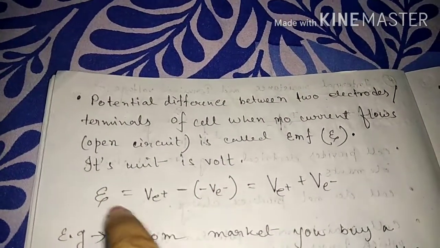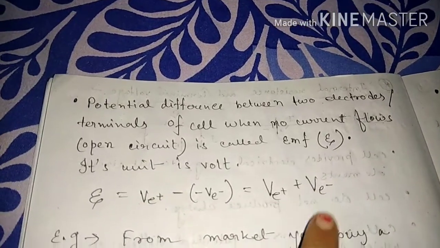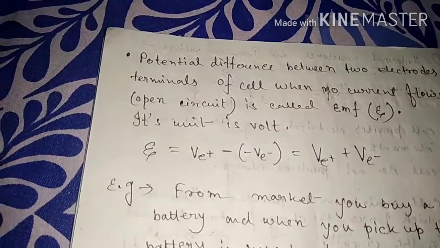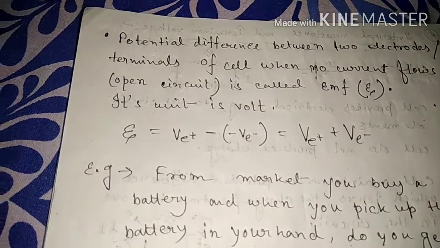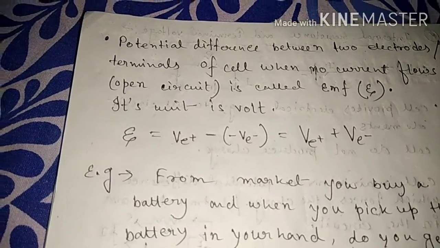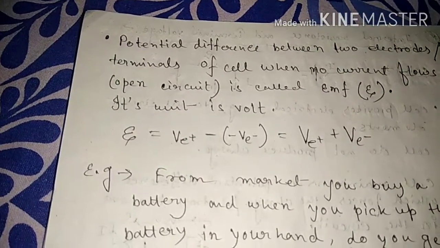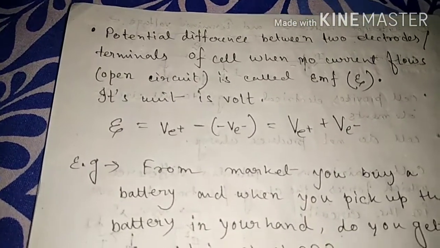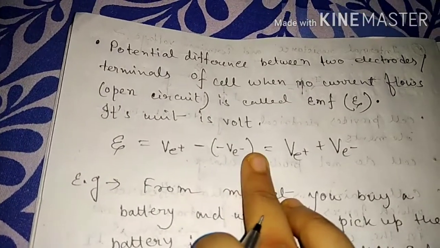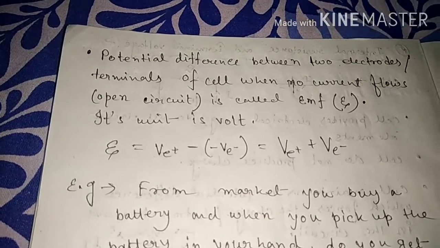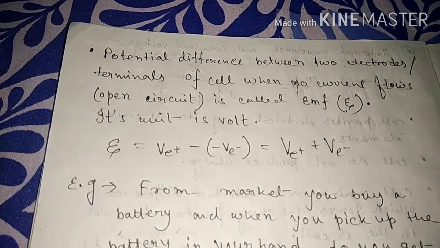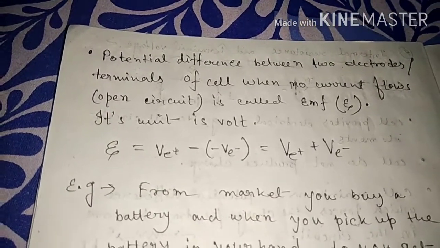That means the EMF equals the potentials added. So if the positive electrode has a 10 volt potential and the negative electrode has 5 volt, the total potential difference is 10 plus 5, not 10 minus 5, that is 15 volt. It's the EMF when the circuit is open, when no current flows through the circuit.